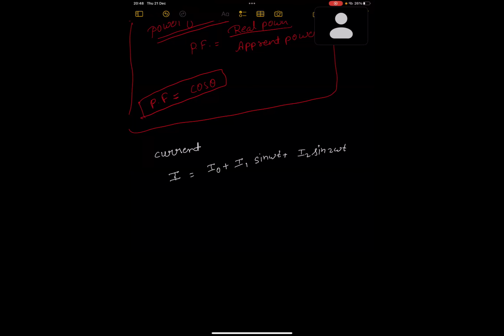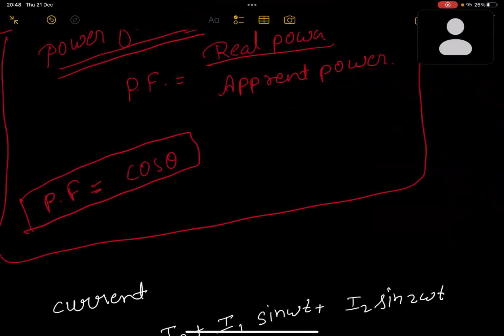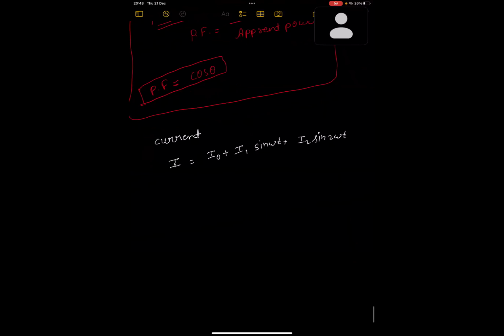Okay, then the RMS value of current, IRMS equal to the square root of I naught squared plus 1 by 2 times I1 squared plus I2 squared, and so on.